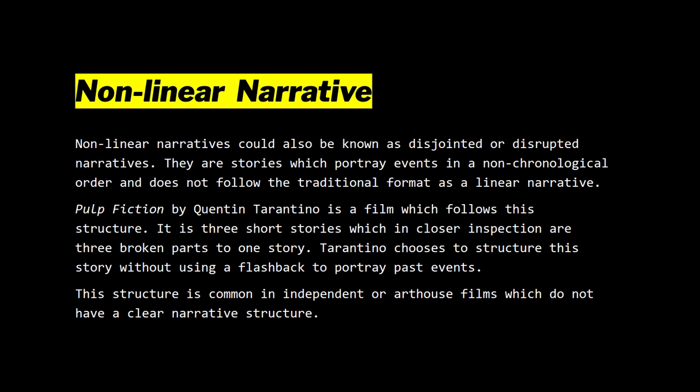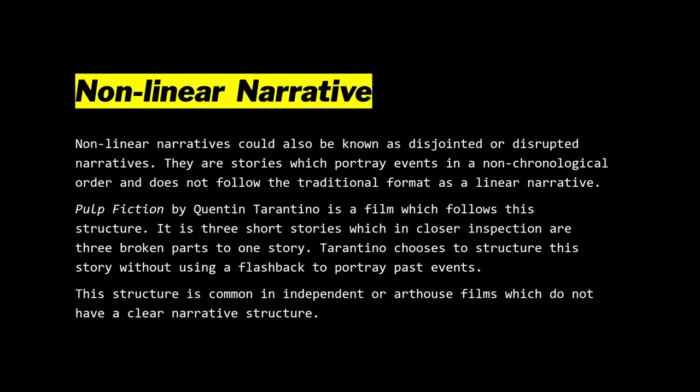So Tarantino chooses to structure this story without using a flashback to portray past events or portray the characters' lives. But they do connect, because sometimes there's more than one structure in this film. Maybe that's why people find Pulp Fiction difficult to understand, which I'm going to go through shortly.